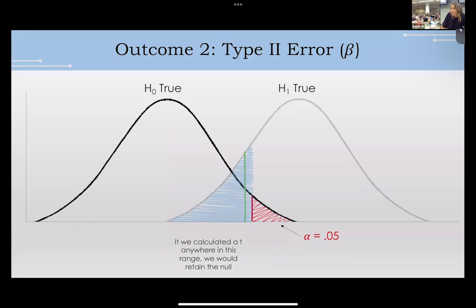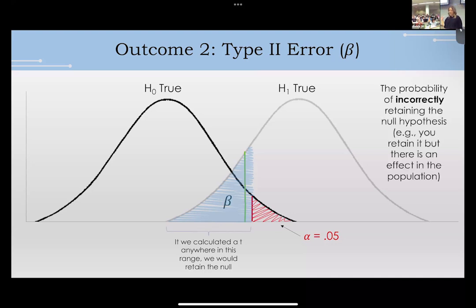We can't calculate that probability because it's in the world we don't know, right? Think about the restaurant. I went in, I tried one dish, right? That's all I know about the restaurant, right? So I have no way of knowing where on that curve that one dish was, right? So that's type 2. Both of those are potential realities under my decision of retaining the null.